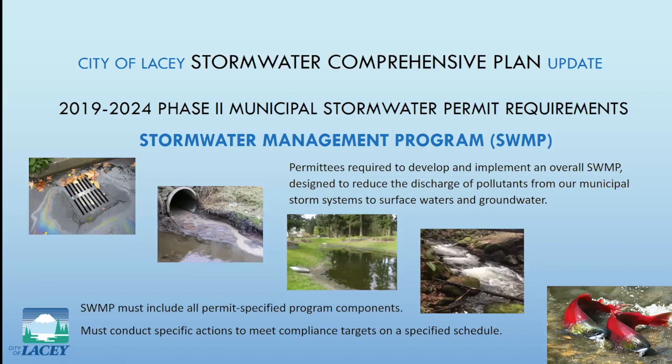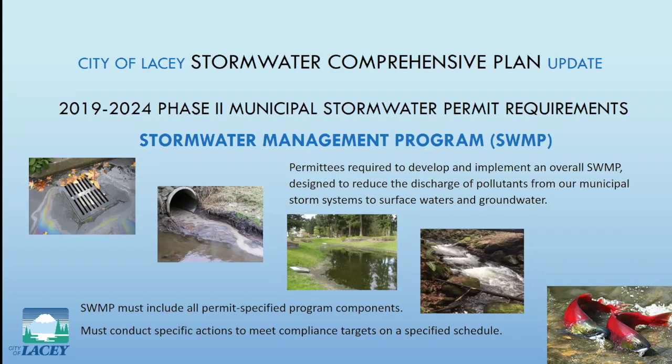So the core stipulation of the municipal stormwater permit is the requirement for cities and counties to develop and implement an overall stormwater management program. That's the SWMP. So the main intent of the SWMP is to reduce water pollution. So in other words, we're trying to keep our lakes and creeks and Puget Sound and groundwaters clean.